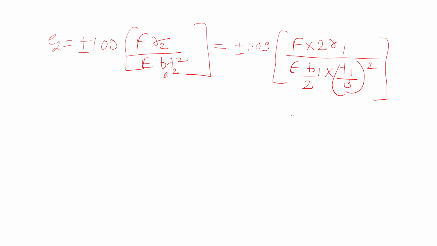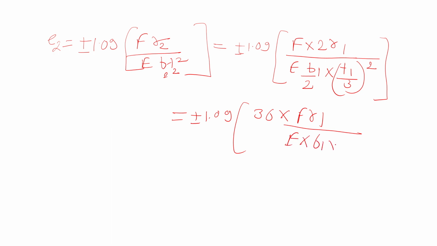So just solve it. It becomes plus or minus 1.09. You take this upwards, so 3 square will become 9, and this will become 2. So 9 into 2, 18, 18 to 36. So it will become 2 into 9 into 2, which is 36 into FR1 upon E into B1 into T1 square.